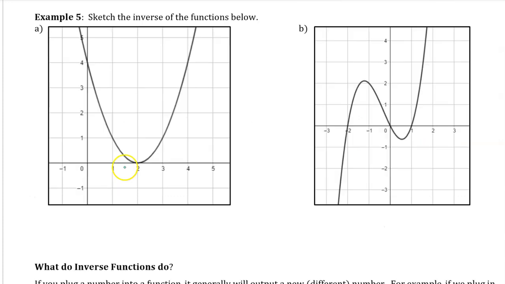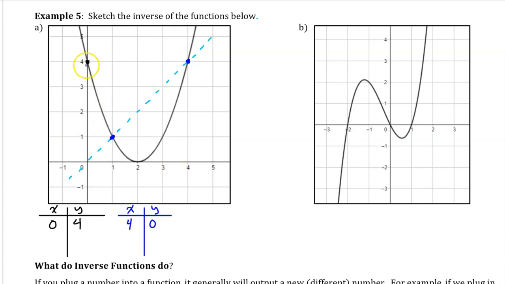Example 5. Sketch the inverse of the functions below. Here's the line y equals x, which you should draw as a dotted line. Notice that this point and this point from the original graph are on the line y equals x. These points will not move, so these are 2 points on the inverse graph already.